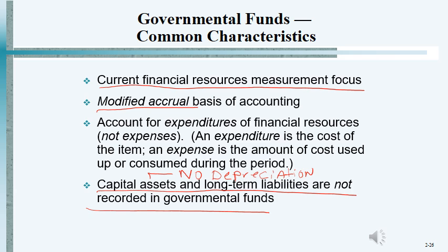But right now, we're talking about the governmental funds, and when we're talking about the governmental funds, we take the approach of current financial resources measurement focus, modified accrual accounting, meaning no capital assets, no long-term debt, and therefore there's no depreciation. We're going to be working with this a lot more as we go through the other chapters, but we really need to make sure we're clear on this factor about no capital assets, no long-term liabilities at this point.